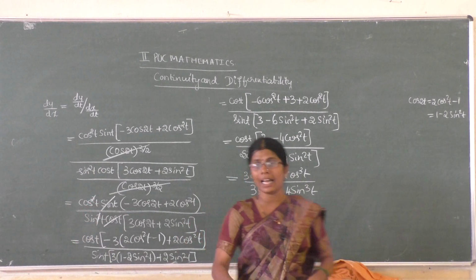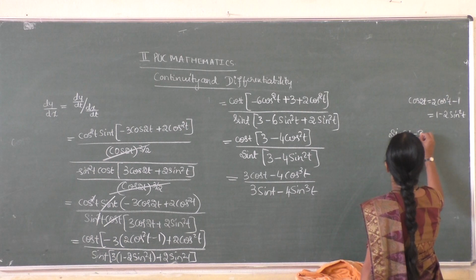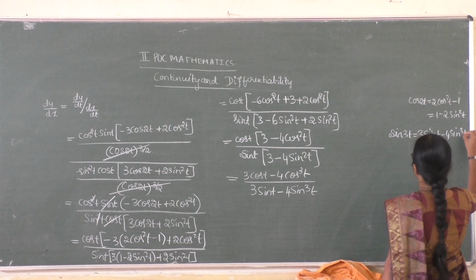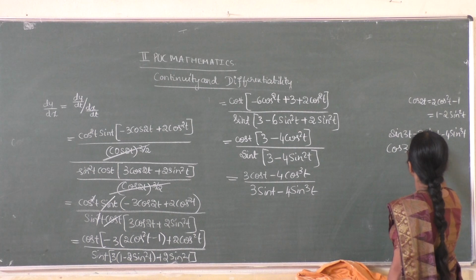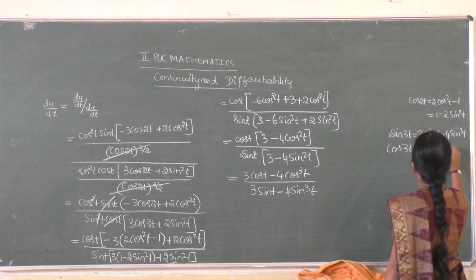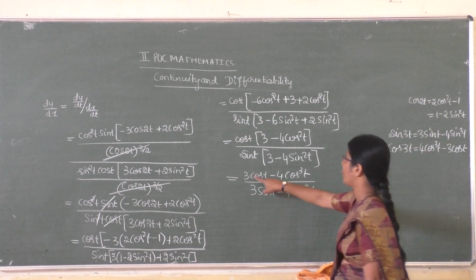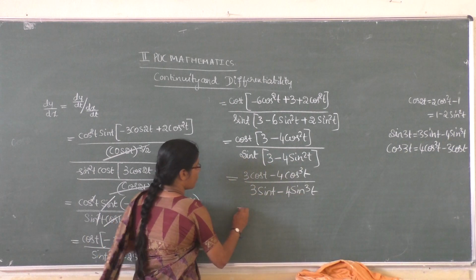We had the formula sin 3t equal to 3 sin t minus 4 sin cube t. Cos 3t is equal to 4 cos cube t minus 3 cos t. But here we have 3 cos t minus 4 cos cube t. So we take minus common.